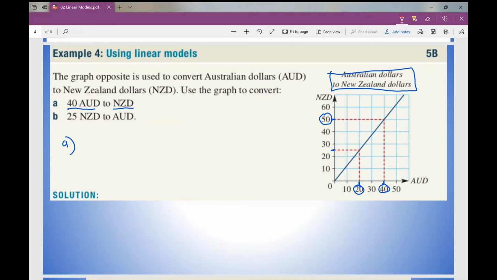Well, the first one is done for us. We start from 40 here, we go up, and then we go across, and we see that 40 Australian dollars equals 50 New Zealand dollars. And then in the second example, we go to 25 New Zealand dollars, and we want to see how many Australian dollars that's worth, and that comes to 20.